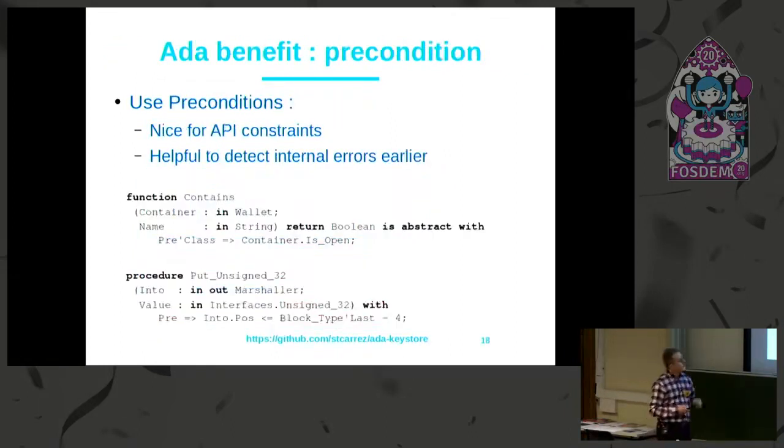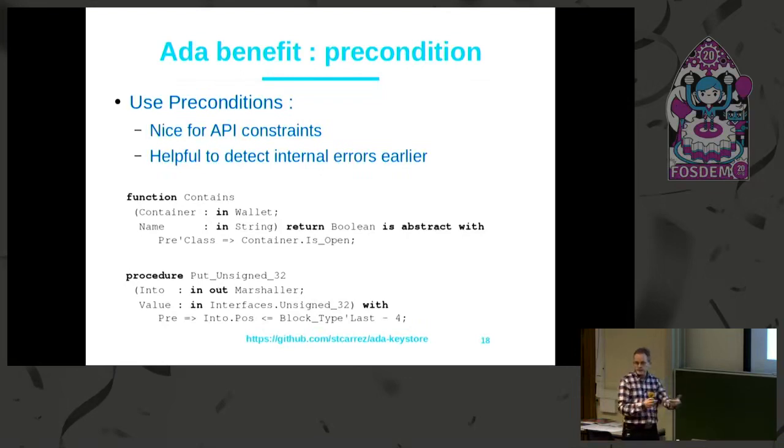I've also used preconditions, which has helped me to define the API constraints. For example, I have an operation which checks if something is contained, so I can define a precondition so it can be used only if the container is open.